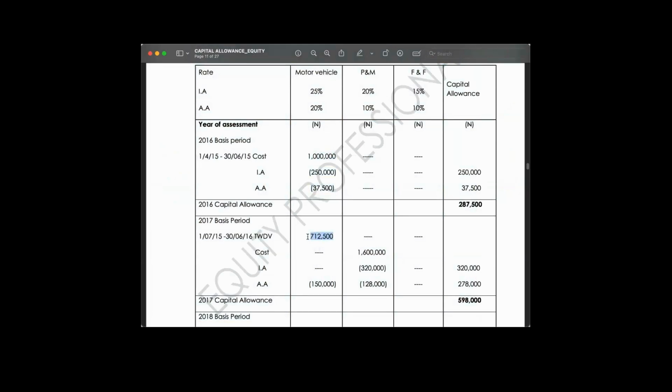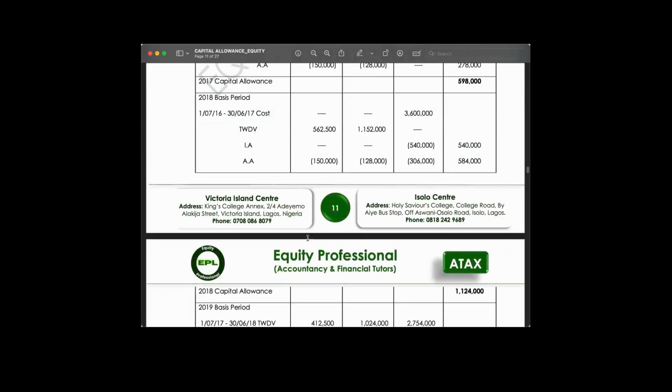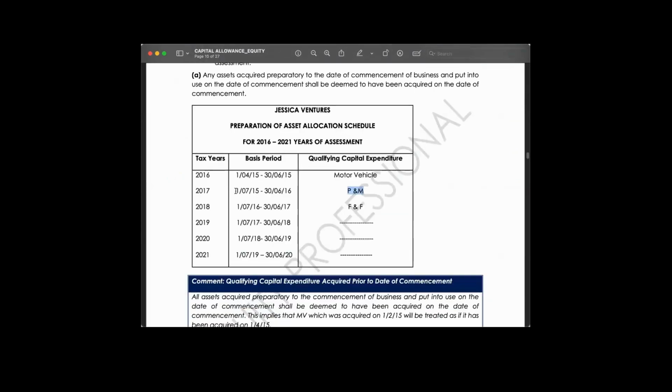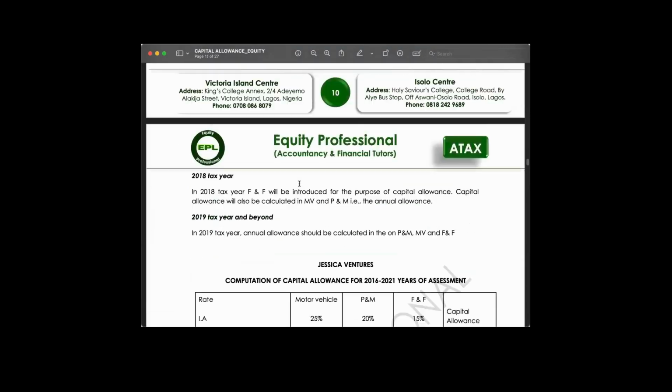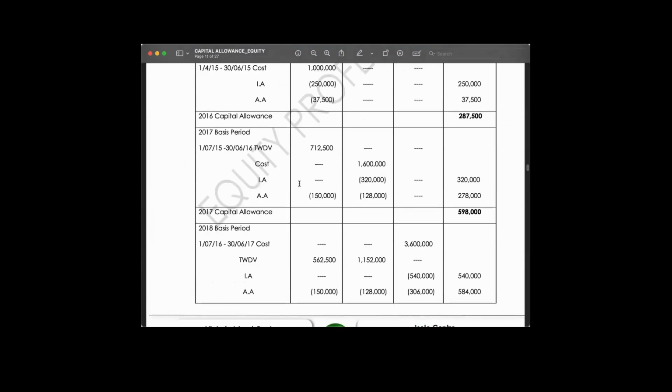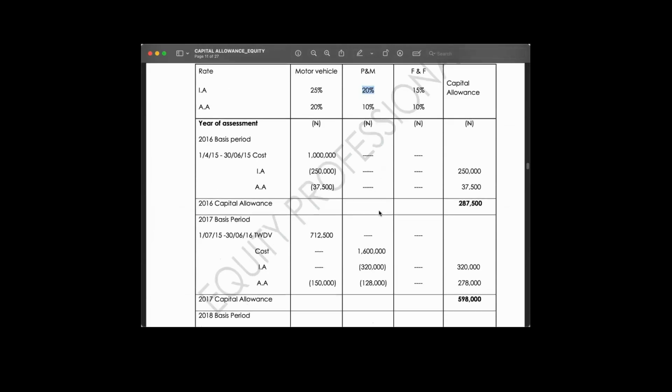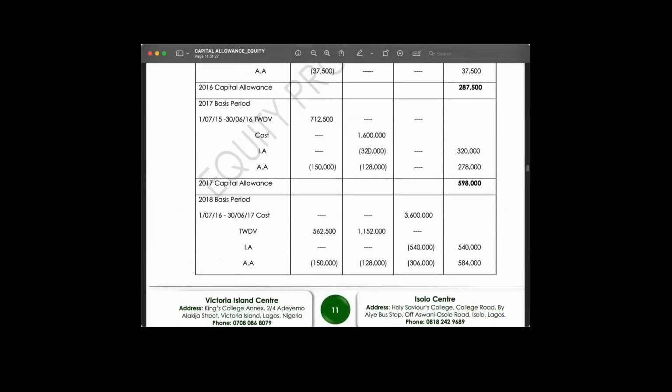Now, in the second year, if you look at our table, you will notice that we bought plant and machinery. But in this year, our basis period is equal to 12 months. So by implication, we will not be prorating our annual allowance. I go straight. Our cost is 1.6 million. Our initial allowance is what? 20%. 20% of this, 320,000.